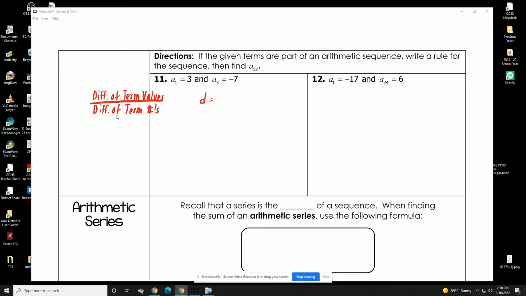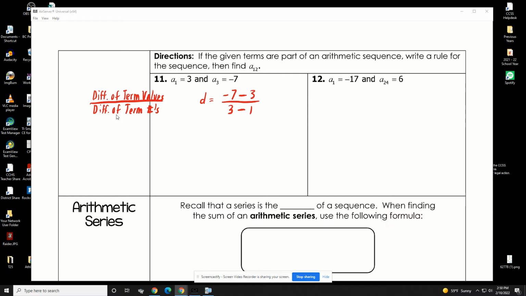So the a sub 3 term value is negative 7. So we're going to subtract, right, difference of term values. We're going to subtract the a sub 1 term value, 3. But then below it, we're going to subtract our term numbers. Okay, a sub 3 is term number 3. Minus a sub 1 is term number 1.